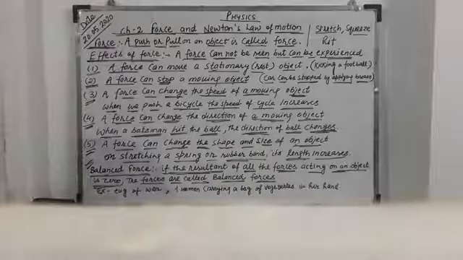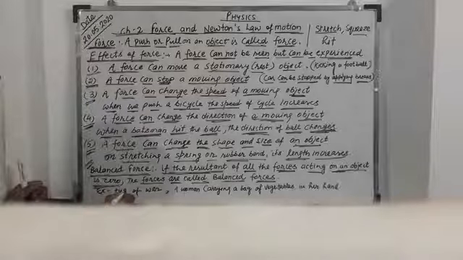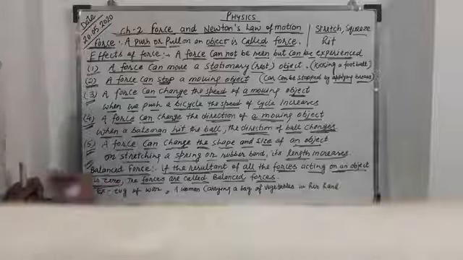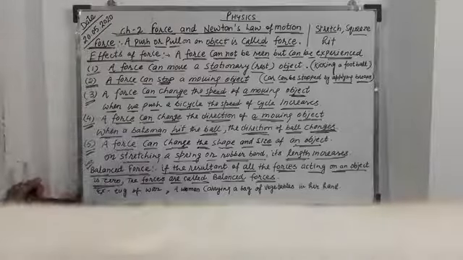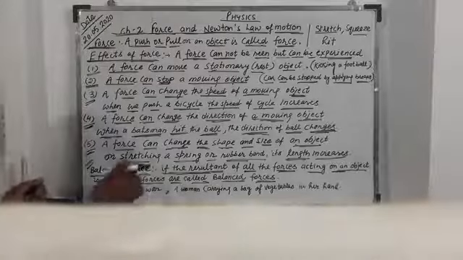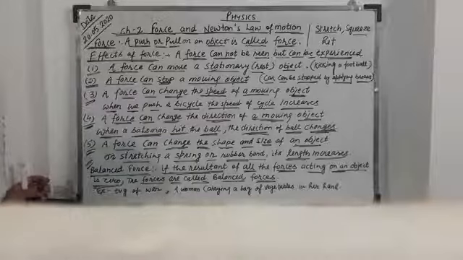For example, in a game of tug of war, the forces applied by both teams are equal and opposite. So the resultant is 0.